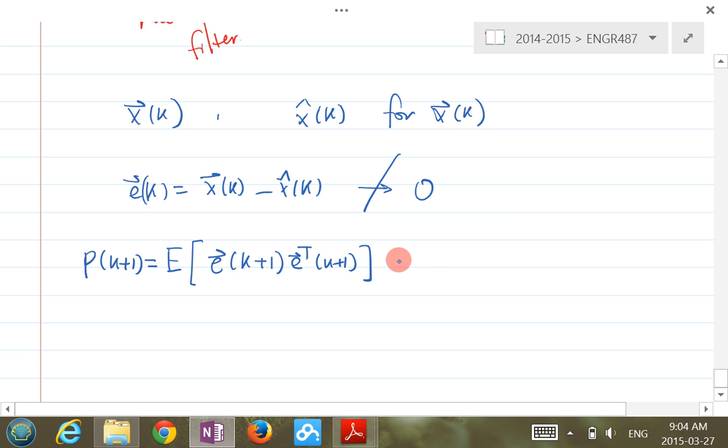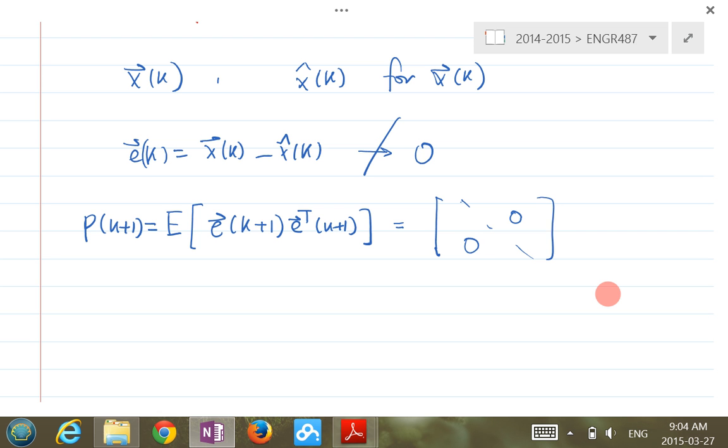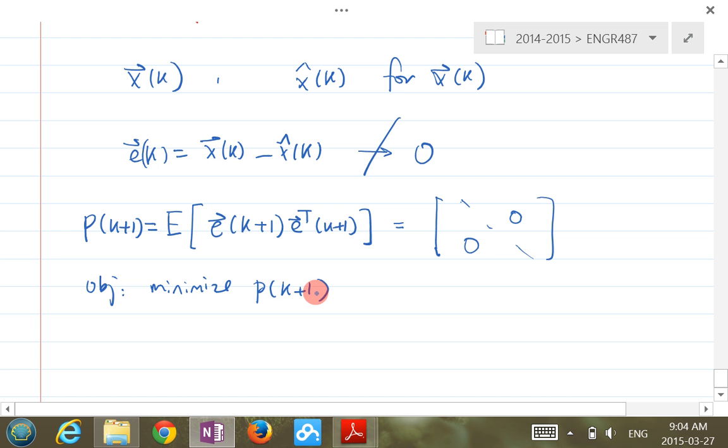This matrix is going to be a diagonal matrix, so only the diagonal has elements. The objective is to minimize this matrix P. When you're minimizing P, basically you're minimizing the variance, because the diagonal elements are the variance for each one of the state estimations.